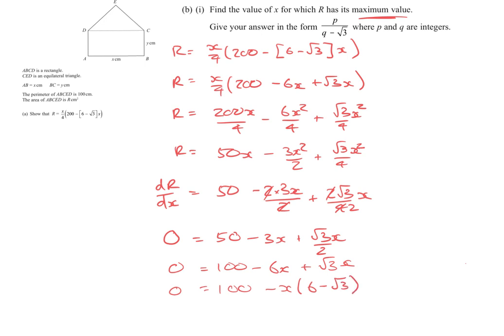The reason I've chosen to do that is because the question asks for it to be in the form of p over q minus root 3. So I want to have a minus root 3 in here somewhere. Now let's solve this equation. We have only one unknown, which is x. I'm going to add the x times 6 minus root 3 to both sides to make it positive, equals 100.